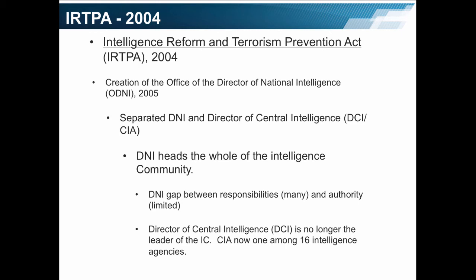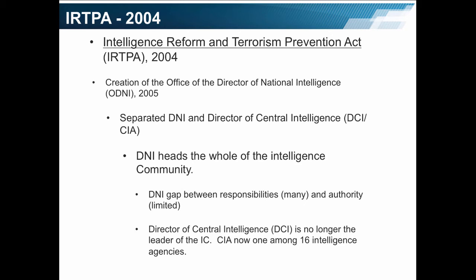Emanating from all of that was the Intelligence Reform and Terrorism Prevention Act of 2004. This act created the Office of the Director of National Intelligence in 2005. The creation of this office separated the DNI and the Director of Central Intelligence, the Director of the CIA. The DNI heads the whole of the intelligence community.